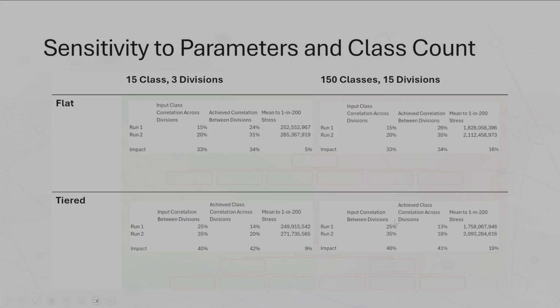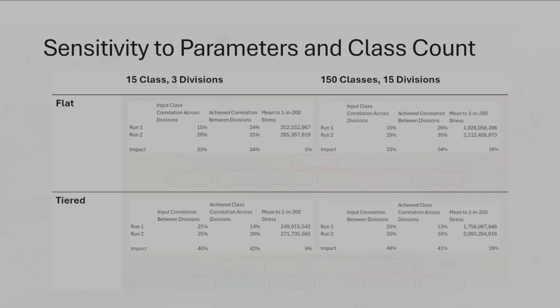So whether you're picking one blanket parameter and applying it to lots of class-to-class correlations across the divisions, or you're just picking the division-to-division correlation directly, there's a similar sensitivity of the final aggregate distribution to those. So this is not suggesting that there's an empirical advantage of one over the other in terms of stability.